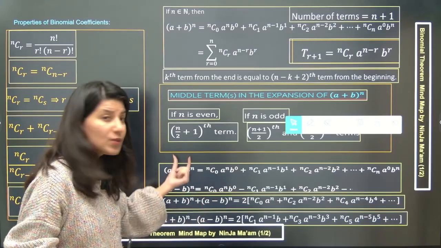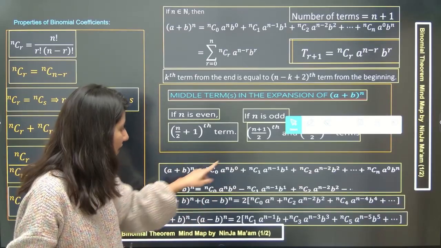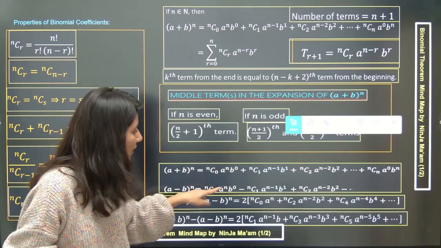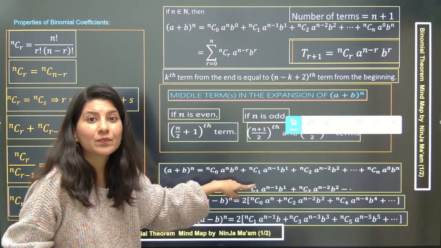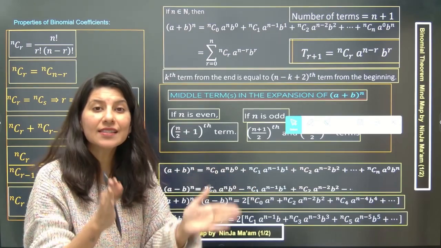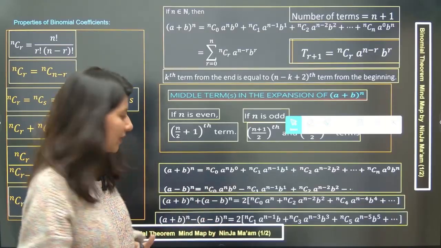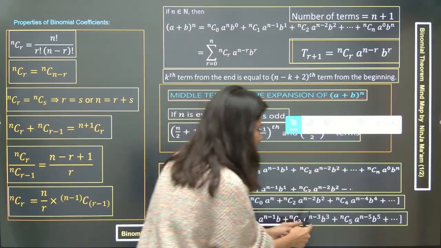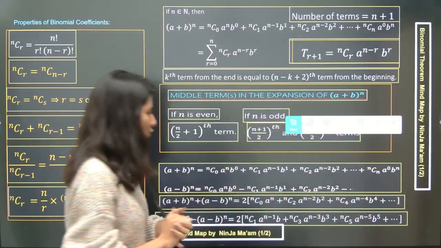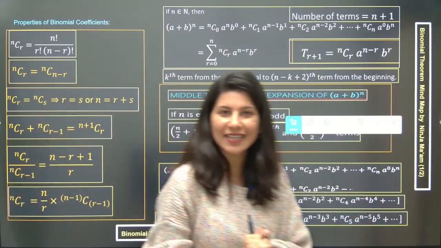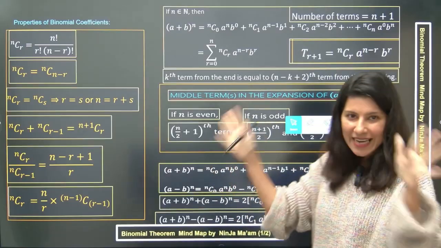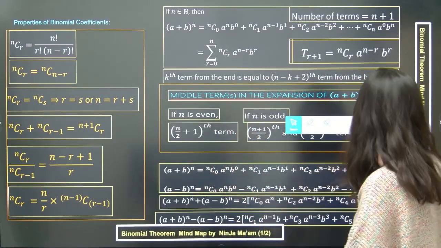The moment you subtract these two equations, the even terms will get cancelled out and the odd terms will get added. So nC0 is cancelled this time, but nC1 becomes twice, the nC3 term becomes twice: nC1, nC3, nC5 and so on. Okay, all right. So page number 1, slide number 1, crystal clear to you, I guess.